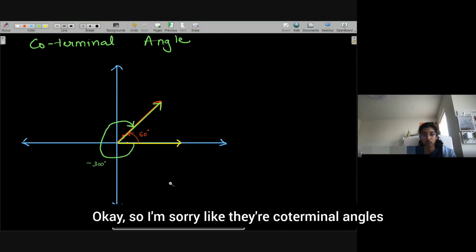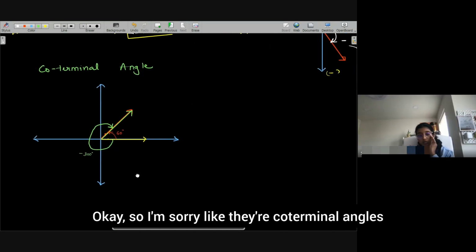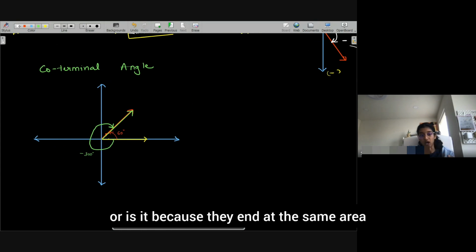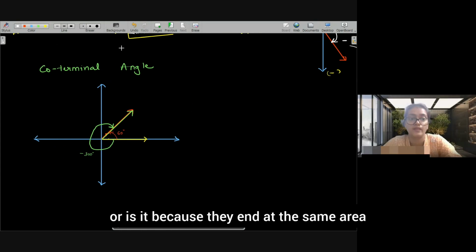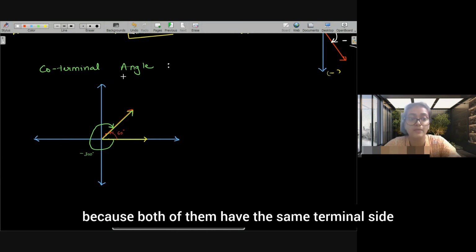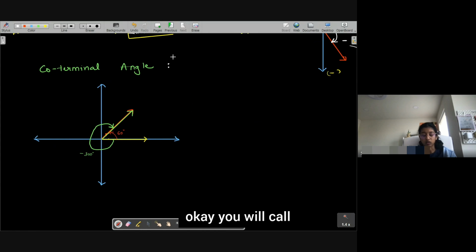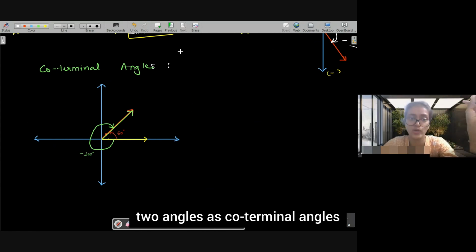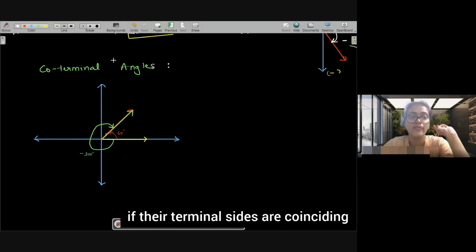Are they coterminal angles because they add up to 360, or is it because they end at the same area? Yes, they are coterminal angles because both of them have the same terminal side. You will call two angles coterminal angles if their terminal sides are coinciding.